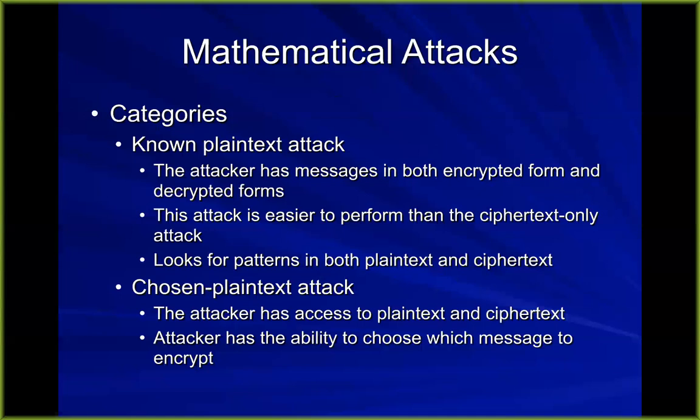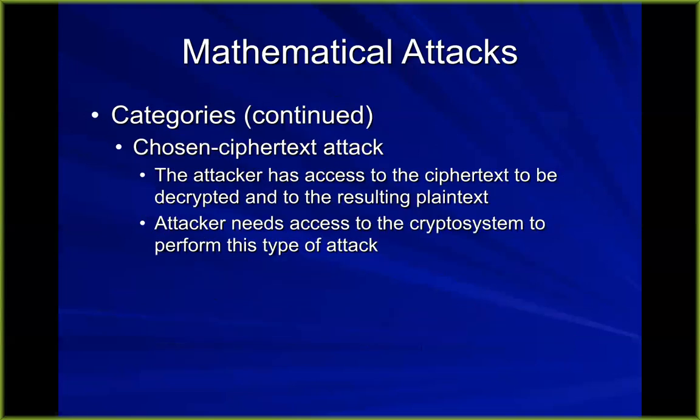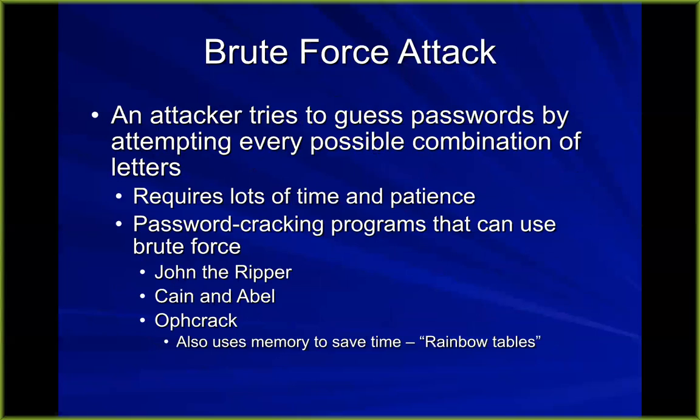You might intuitively imagine that encrypting something that's all zeros, then encrypting something with only one bit that's 1, might easily tell you something about the key, because most of the calculation will all be zeros. It turns out to be a little tougher than that, but not a whole lot tougher than that, and we'll do it later. The chosen ciphertext is another way where you can see the ciphertext and the resulting plaintext from tracking decryption routines.